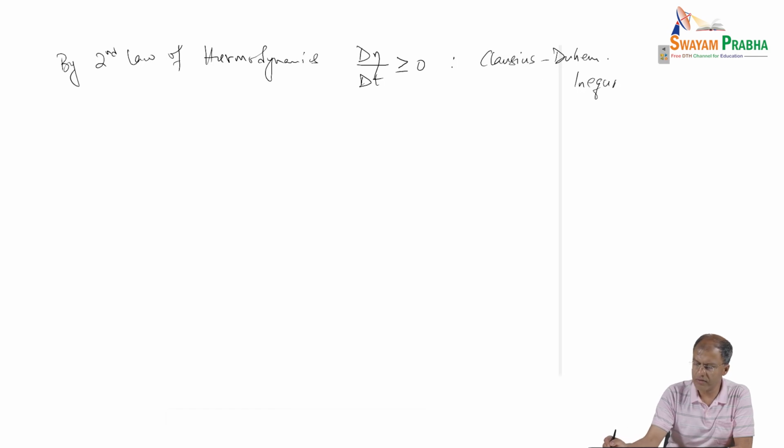It merely says that the entropy of the system always increases with time, and hence the inequality. Let me call this inequality number 2.